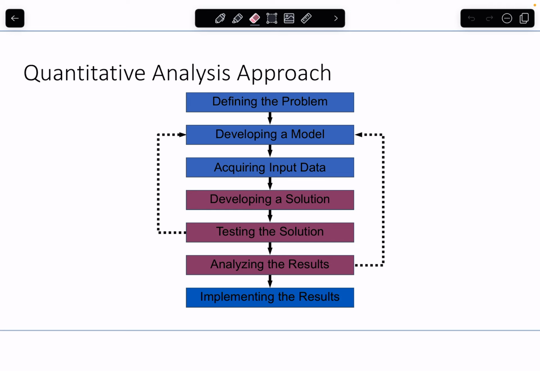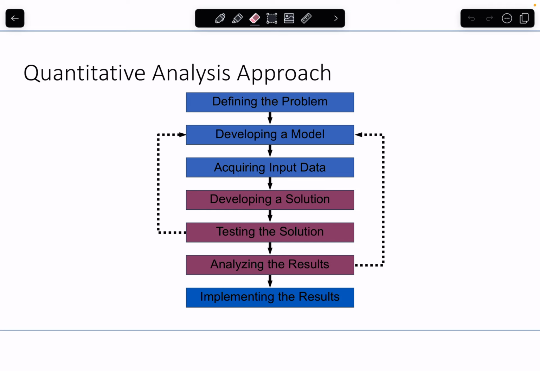And once we were able to develop a solution to our problem, it should be tested. It should not right away be implemented, otherwise it could affect a certain company. So we have to test the solution first.